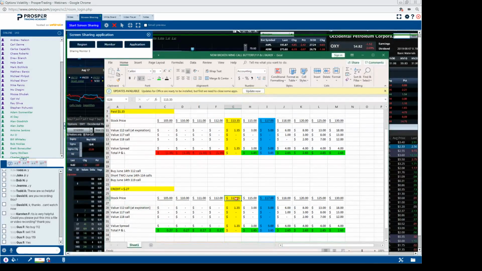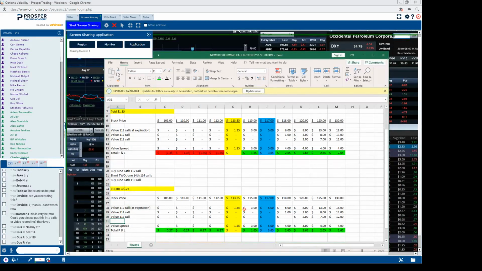Now, just like every other trade, the fact that we still want the stock to move to the short strikes is still what we want to happen. I gotta change this to 114 and this to 119.